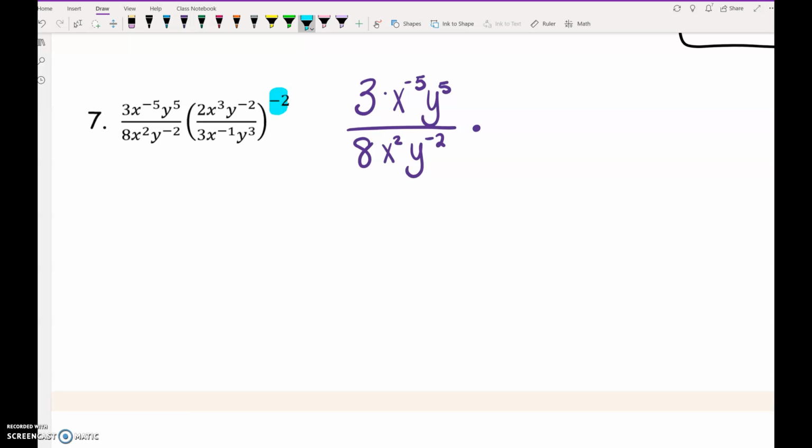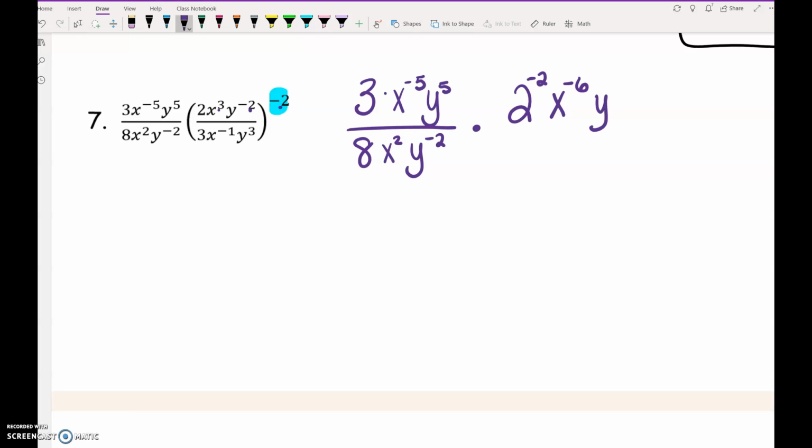Okay, we need to deal with that exponent of negative 2. And again, this 2 is 2 times x to the 3rd, not 2x to the 3rd. So the 2 has to get an exponent of negative 2. This x, 3 times negative 2, is negative 6.